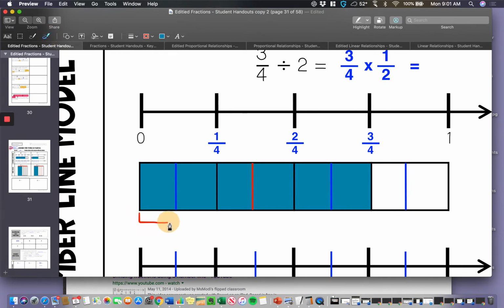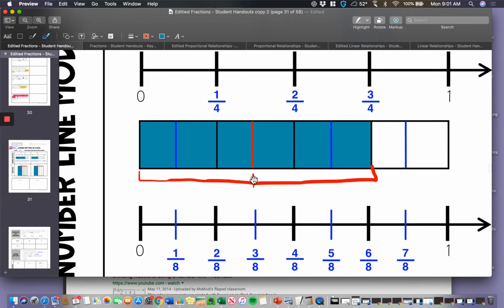This whole thing is 3/4. So what they want to know is, what is halfway between the shaded region? So now I have 1/2 of 3/4 here and 1/2 of 3/4 here.